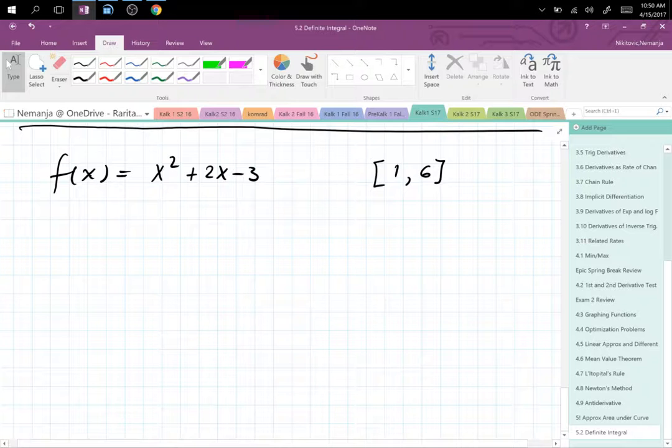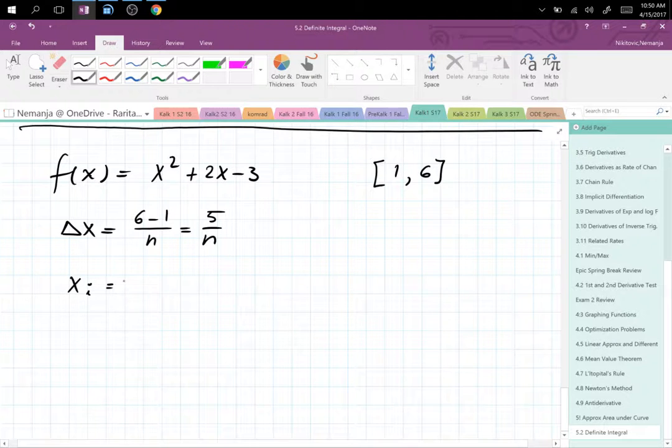Let's take a look at this together. Delta x is b minus a over n, which is 5 over n. Xi is a, which is 1, plus delta x, which is 5 over n times i. f of xi is when you take xi and plug it into f of x.